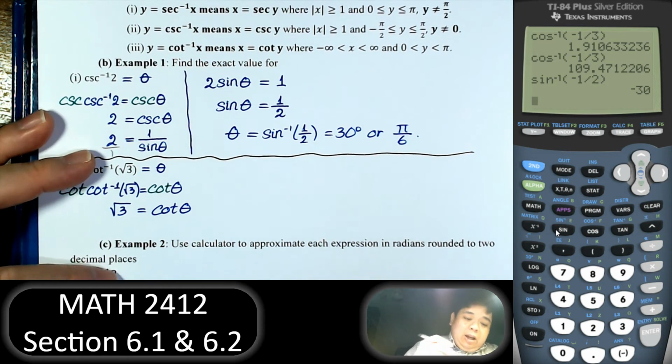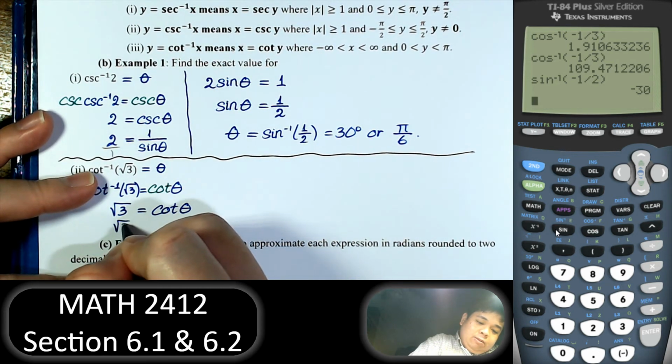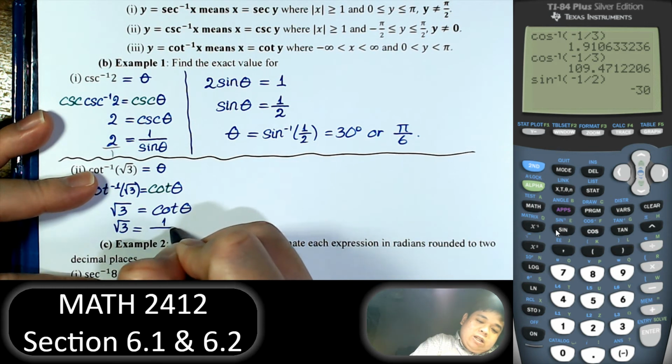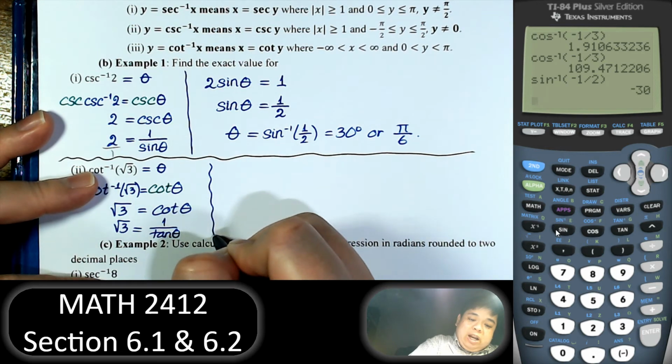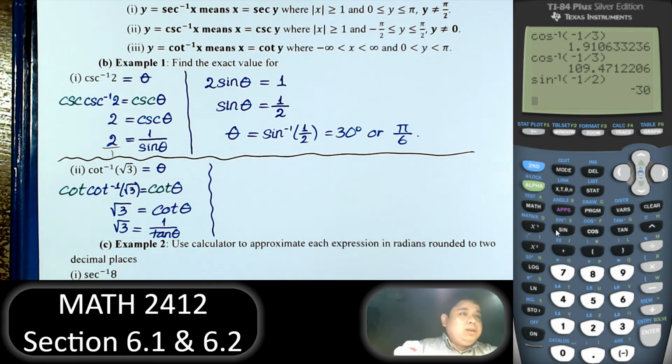Now cotangent is equal to 1 over tangent. The reason we write it like that is so the calculator can do the inverse of tangent.